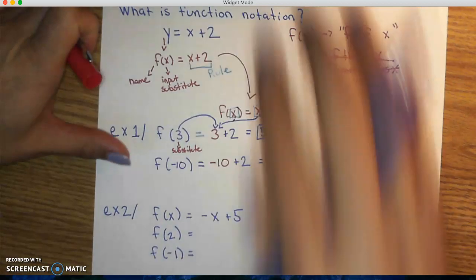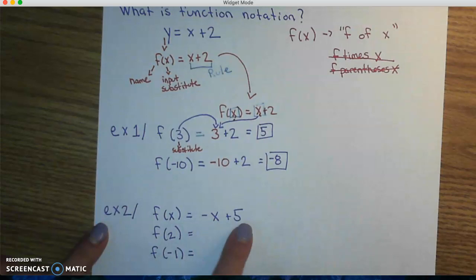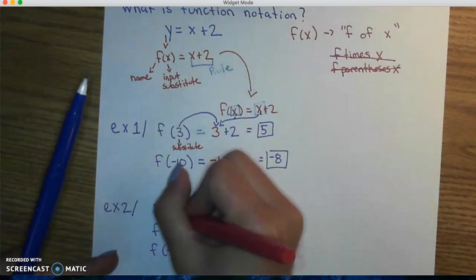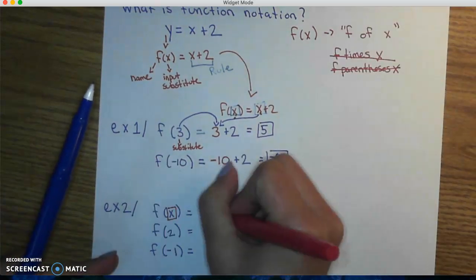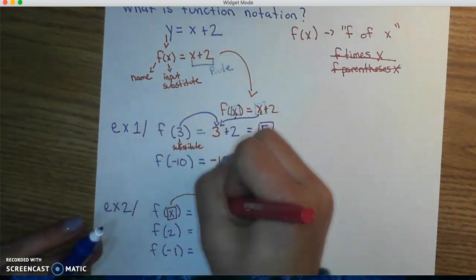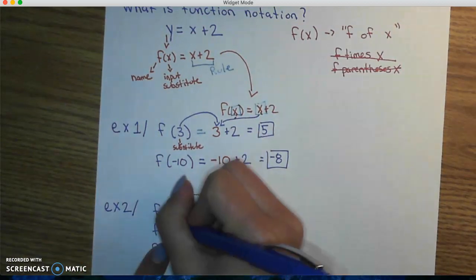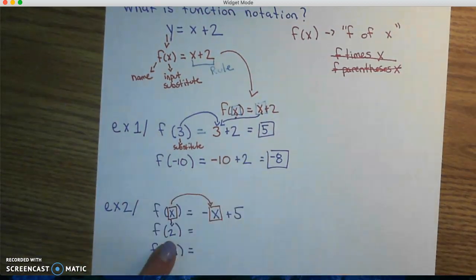Okay. Example 2, f, that's the name, of x, my input is x, equals negative x plus 5. So what this means is whatever number is here needs to be the same as here. These are the same. So this time I don't have x, I have 2.